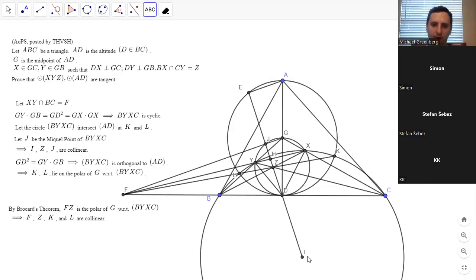So D is on the polar of F with respect to this circle. I is on it because these are tangents. So since F is on the polar of I, I is on the polar of F. But for Z, I'm trying to think about Z. We said that if these are in harmonic conjugation, then that's true.